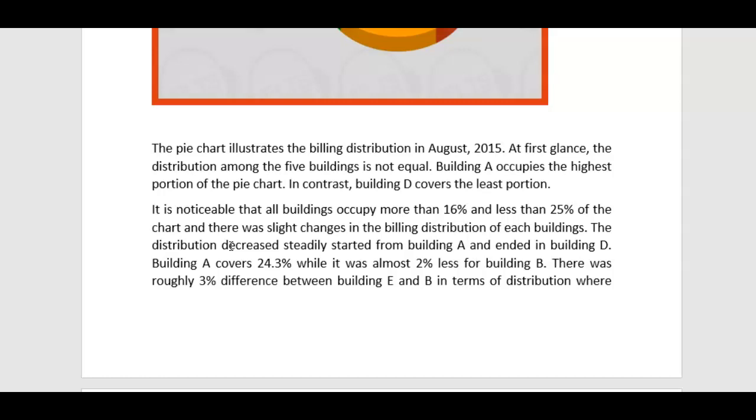All right, so it is noticeable that all buildings occupy more than 16% and less than 25% of the chart, and there were slight differences in the billing distribution of each building. Okay, the distribution was, you can't really say decrease steadily, was greatest in building A and was less with each building from B to D. Yeah, I understand what you're trying to say.